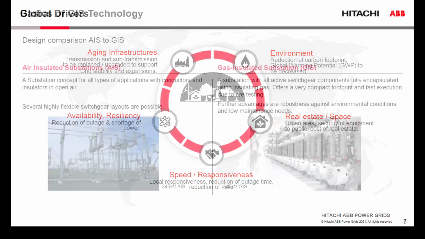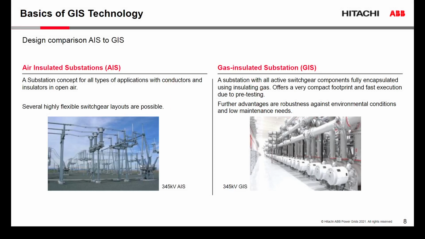in certain applications. Let's start with the question of what the actual difference is between a conventional air-insulated substation, which is well known on the market, and a gas-insulated substation. An air-insulated substation, as the name says, is air-insulated, which, by the way, is also gas, but the gas is the open air, at atmospheric pressure.